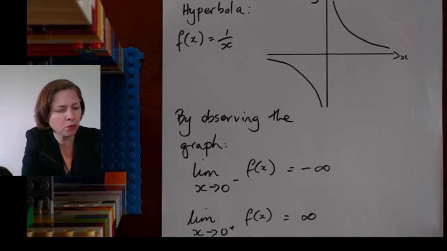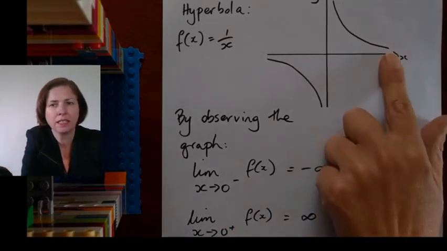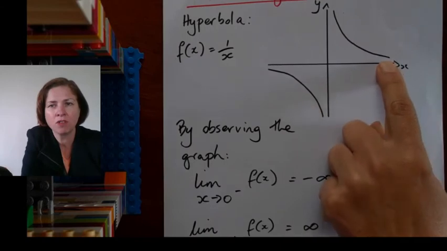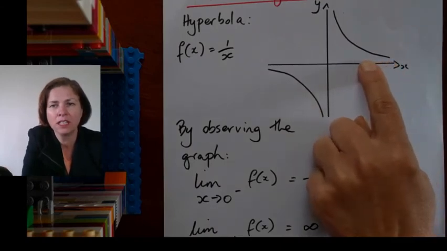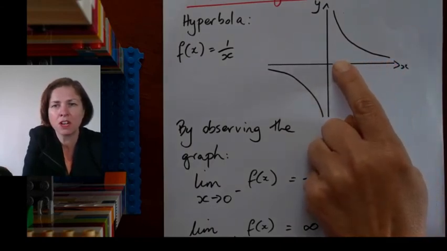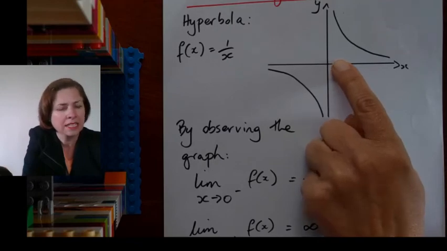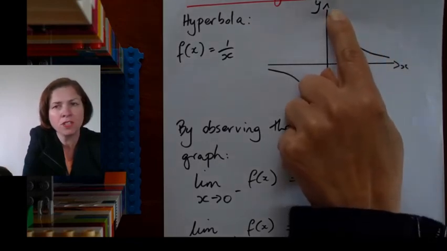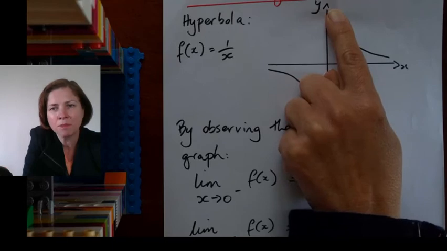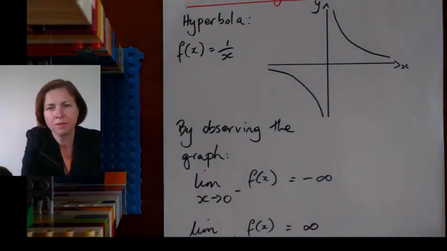The limit as x approaches 0 from the right, that's here. So x is getting closer and closer to 0, but this time from the right. In this case, my graph is going up towards positive infinity. So as x approaches 0, y approaches positive infinity.